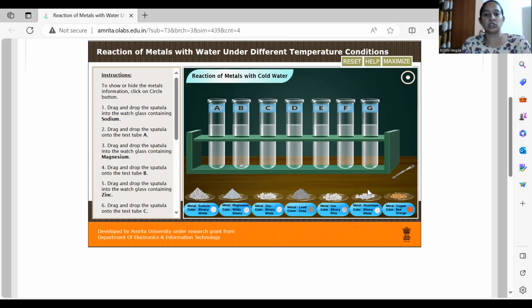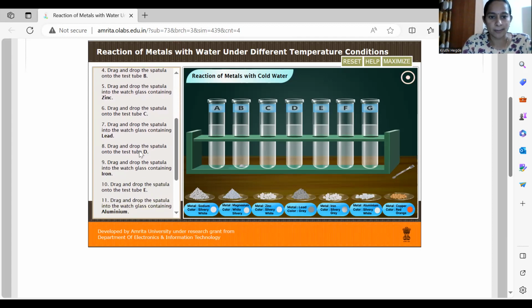No reaction is seen with magnesium. Now let us see with zinc. The spatula is getting filled up with zinc. I'm putting it into test tube C.